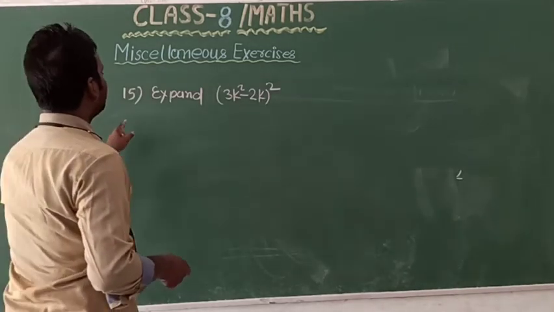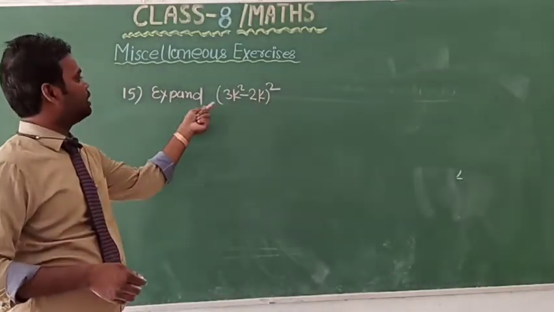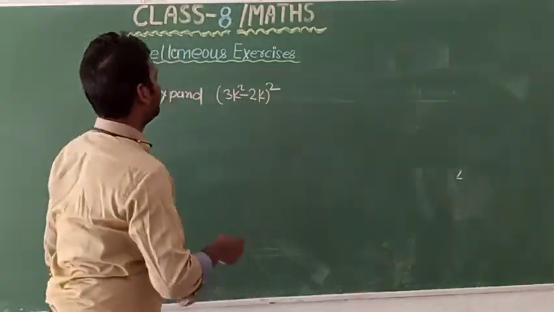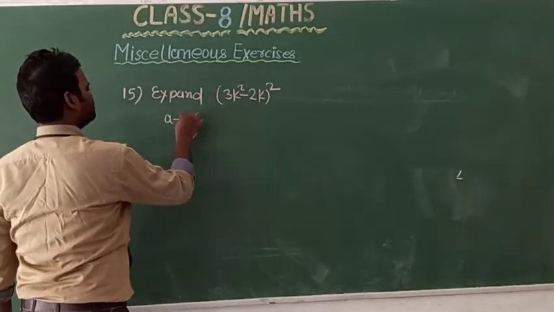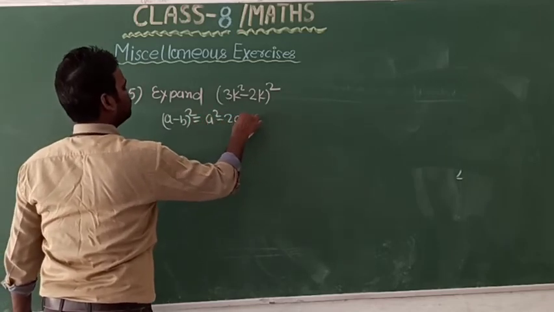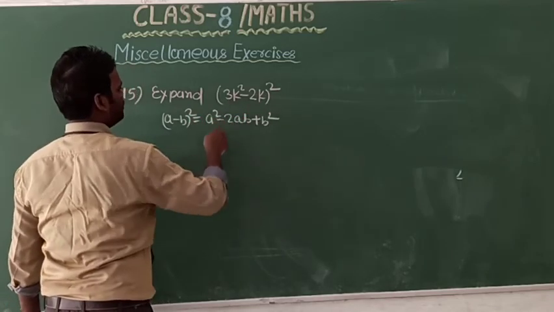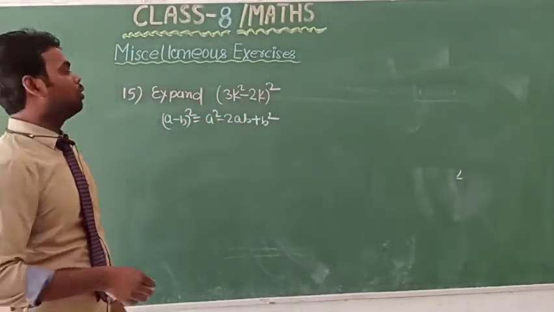Okay children, this is the last question of the miscellaneous exercise. Question number 15. Expand (3k² minus 2k)². So by using the identity (a minus b)² equal to a² minus 2ab plus b², we have to expand (3k² minus 2k)².